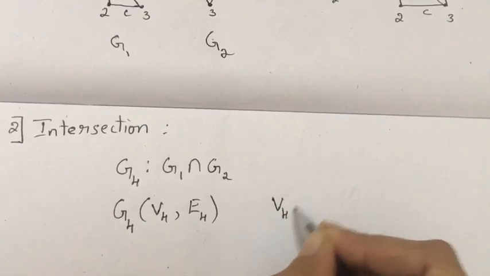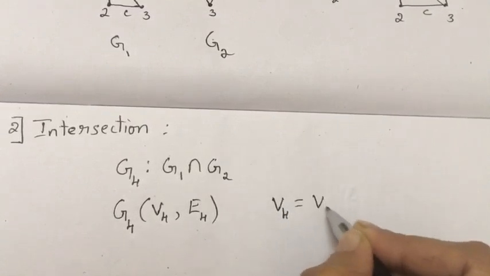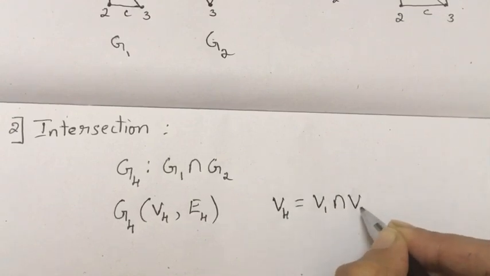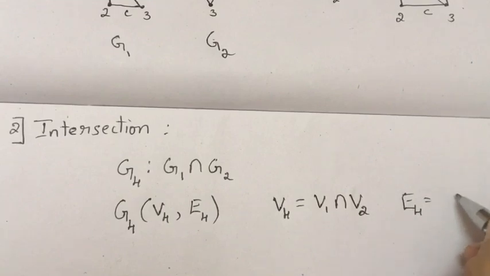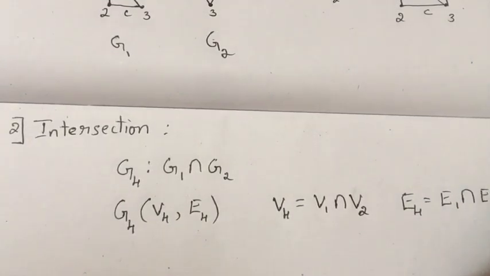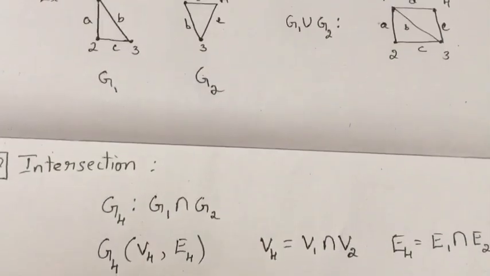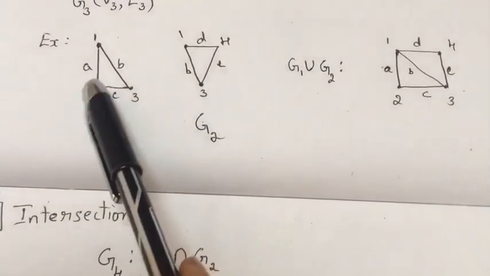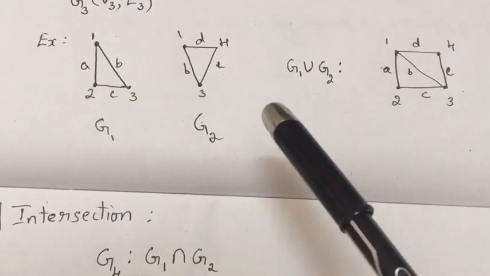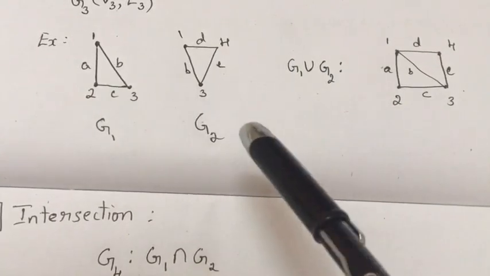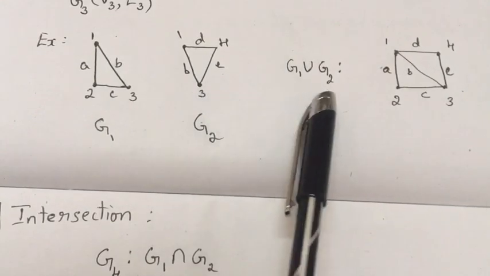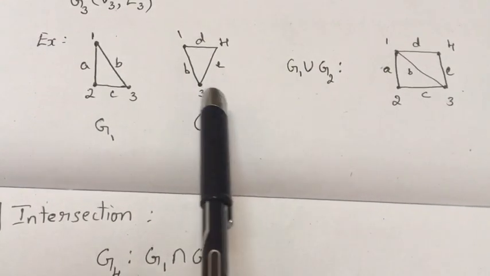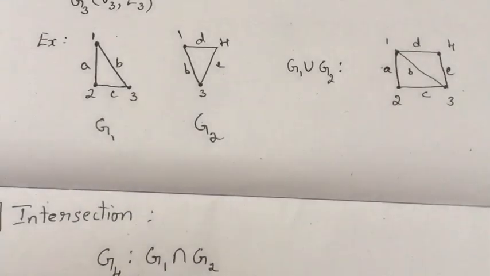That means V4 is nothing but V1 intersection V2 and E4 is nothing but E1 intersection E2. For the same graph, I have to take all those vertices which are in both G1 and G2, and consider those edges which are in both G1 and G2.